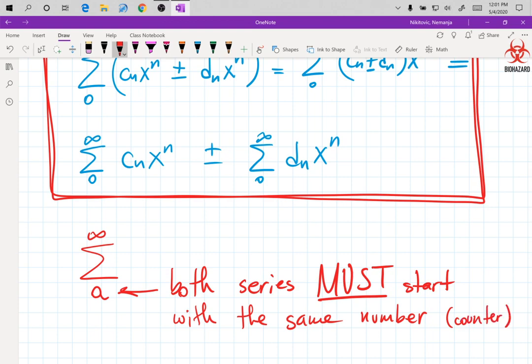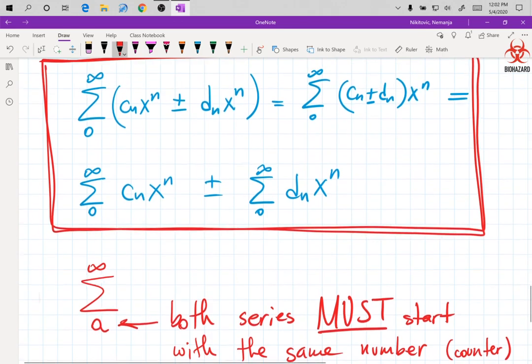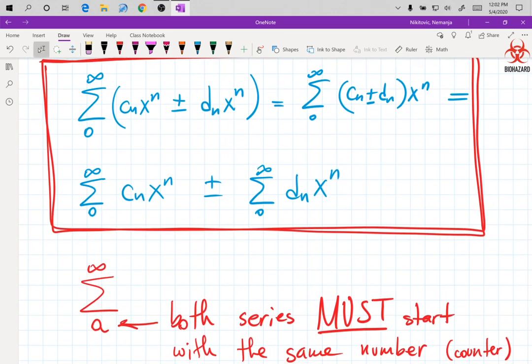It starts at 1, or it starts at 2, or it starts at 7, but that's the one that goes 0, 1, 2, 3, 4, 5, 6, 7, 8, 9, which creates all of the terms. So in order for the theorem in blue to work, they both have to start at the same number.